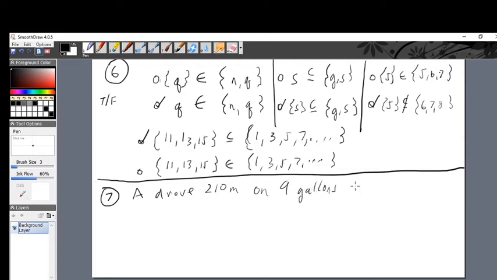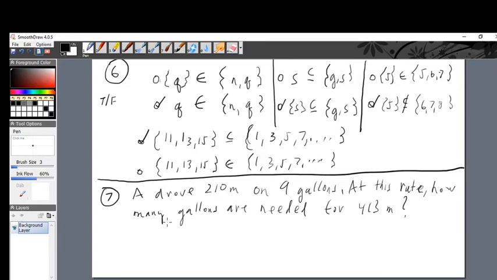At this rate, how many gallons are needed for 413 miles?